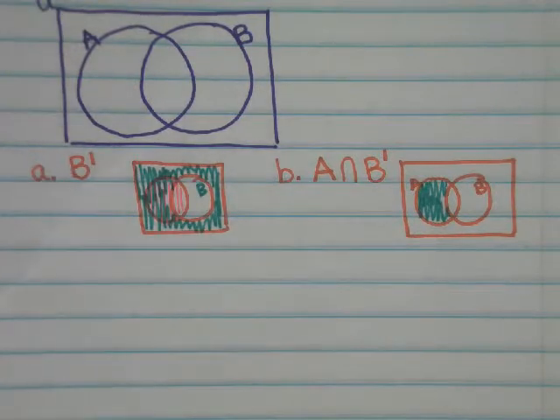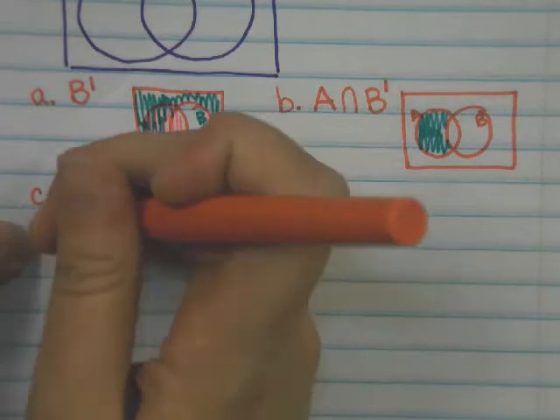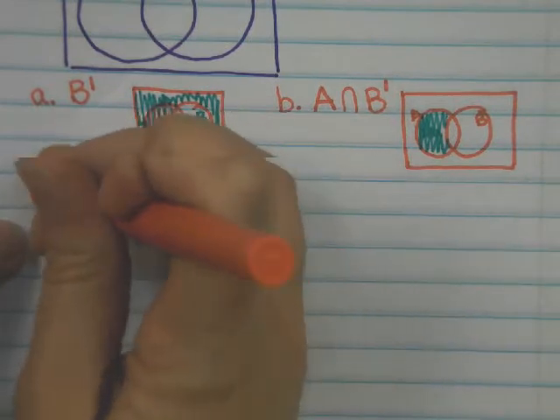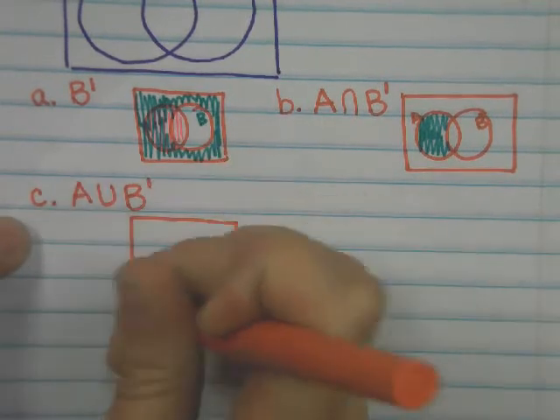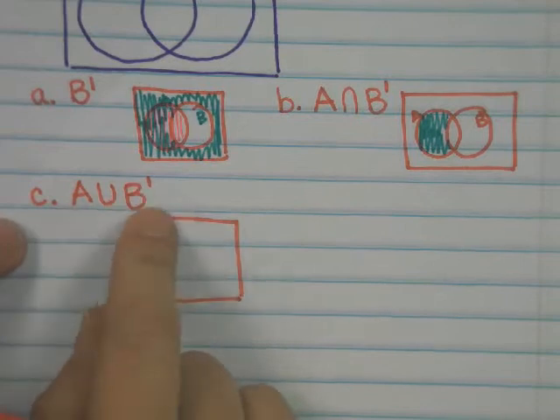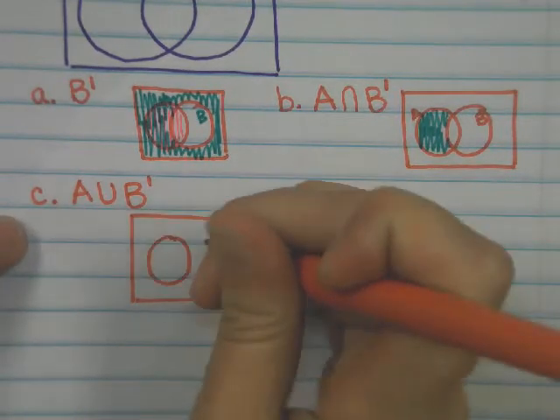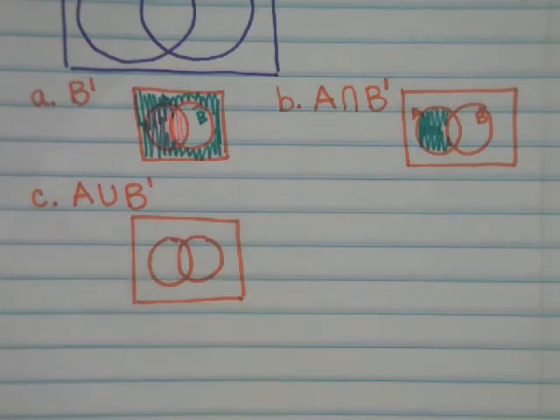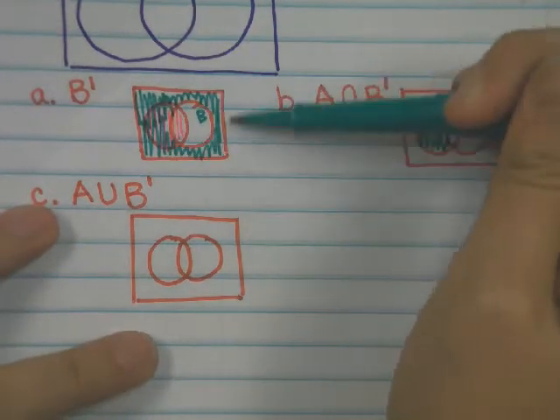Okay. Let's try another one. Let's do A union B complement. That means everything that's in A, or it's in B complement. If it's in one or the other, it's fine. It either needs to be in A, or it needs to be in B complement. If it's in either one of those, we shade it. It does not have to be in both. Up here we had everything that was in B complement.